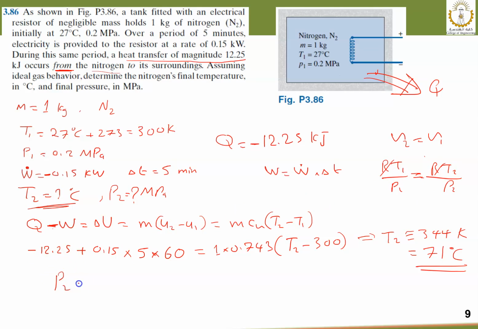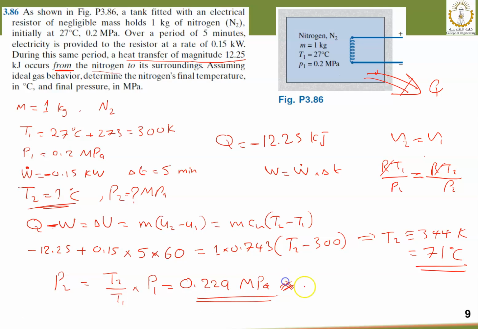So P2 equals T2 over T1 times P1, and this should give you something like 0.229 megapascal.